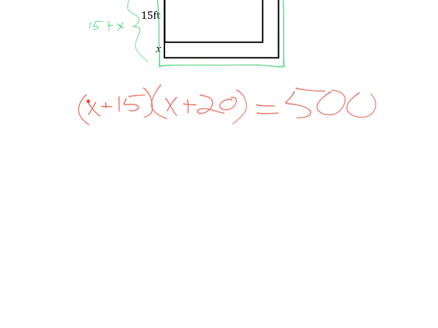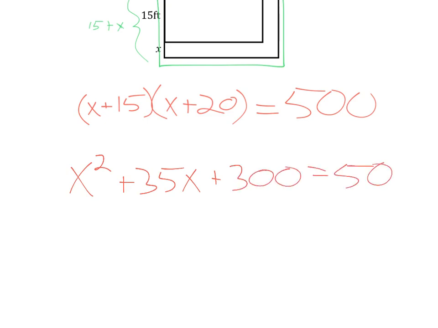Our goal is to solve for x. All right, if we distribute it out, x times x is x squared. I'd have a 20x and a 15x, so 35x if I combine those. And then 15 times 20 is 300. So x squared plus 35x plus 300 equals 500. Now, I don't really like having a number on the other side of these, right?